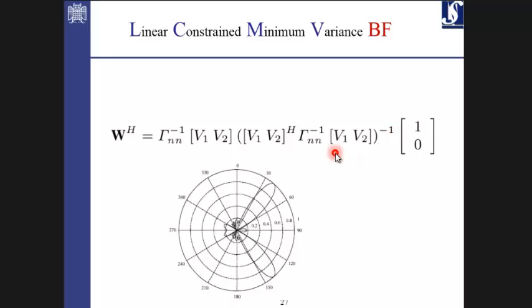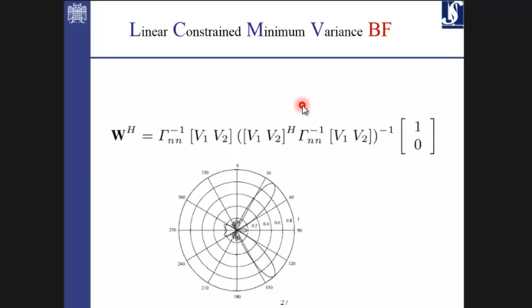When we have two sources, then you do the generalization. You have two sources, therefore you have V1 and V2. But then you can get the weights in such a way that for the first one you have 1, 0. For the second one you have 0 and 1. And you get the LCMV beamformer in such a way that puts a null.